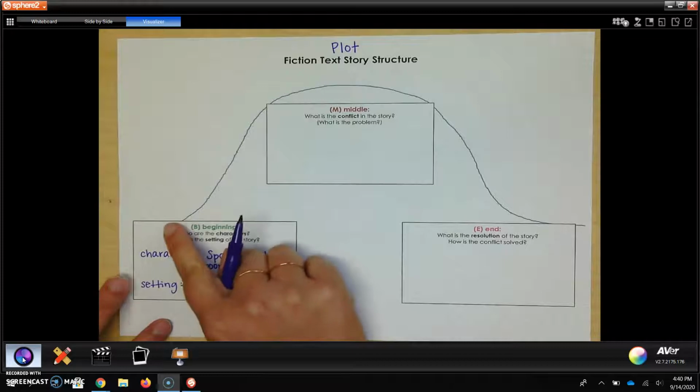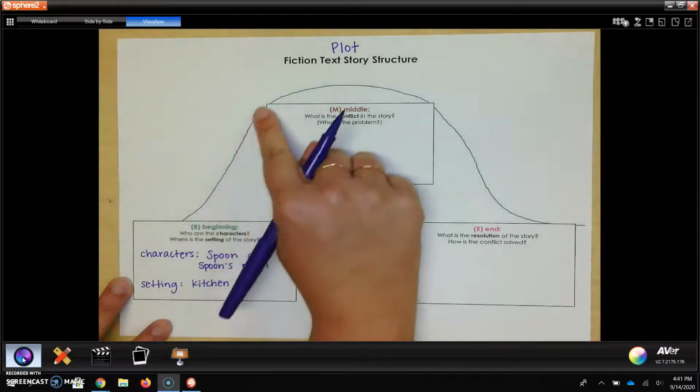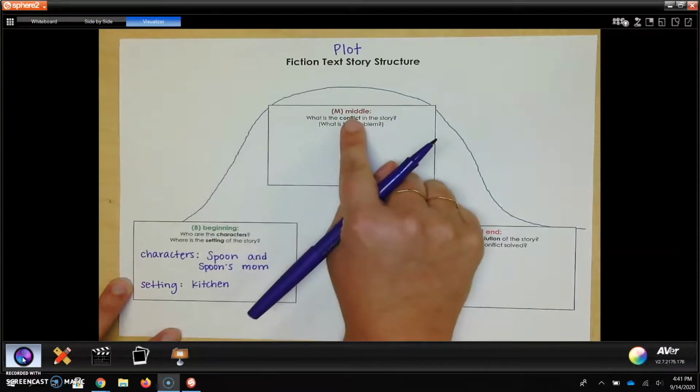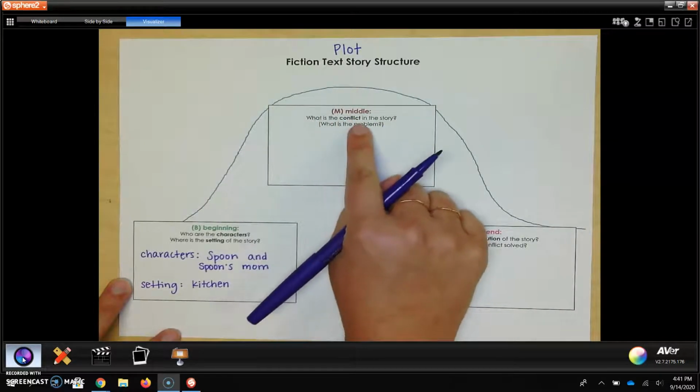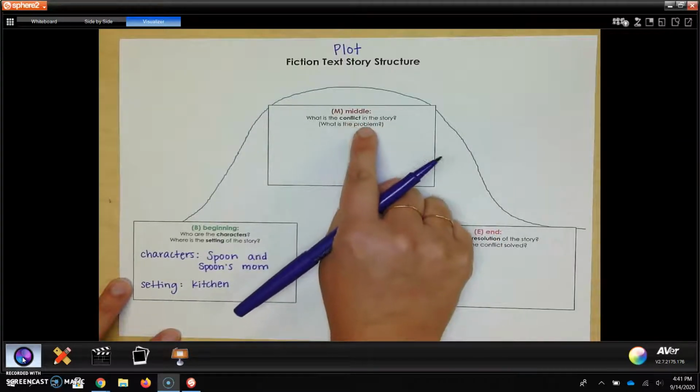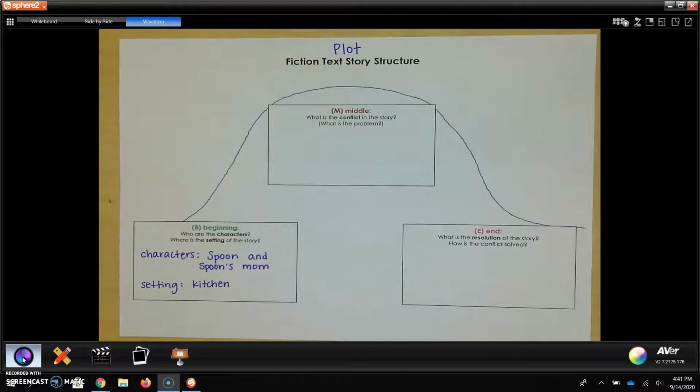Now, as we continue to read the book Spoon, we're coming up to the middle of the story, the top of our roller coaster. It asks you, what is the conflict in the story? So another word for conflict is the problem. What was the problem of Spoon?